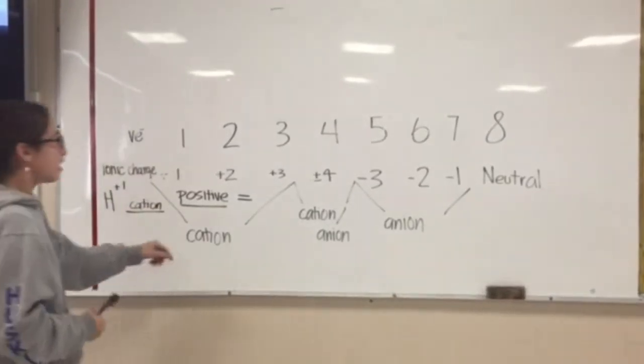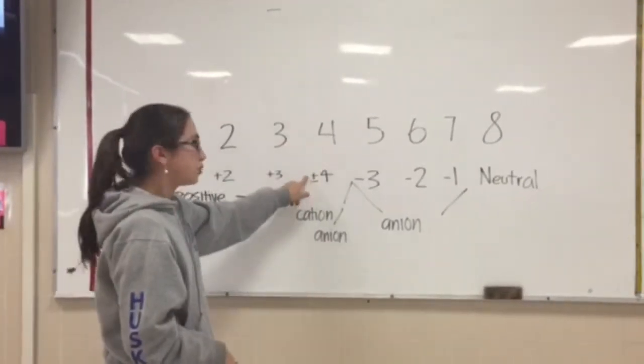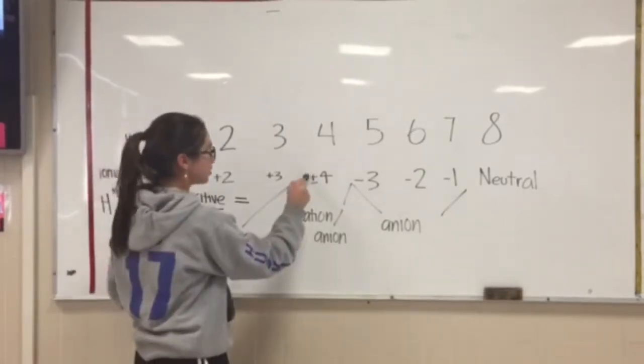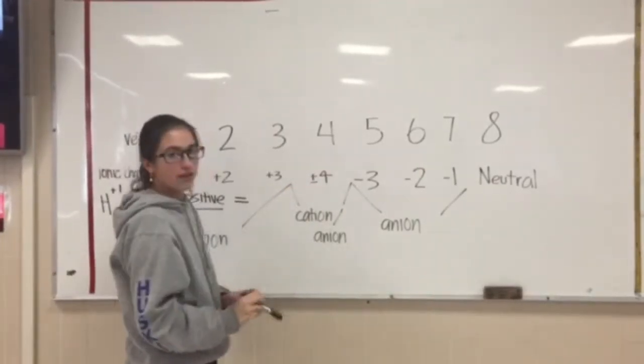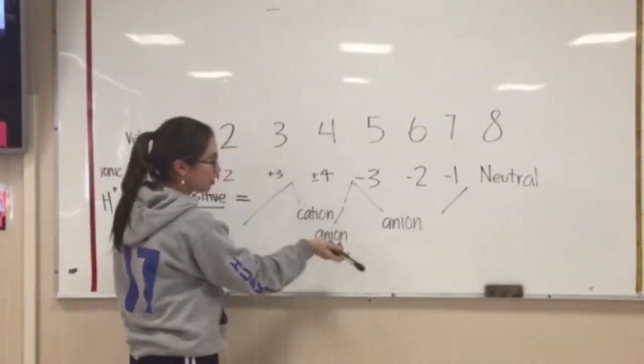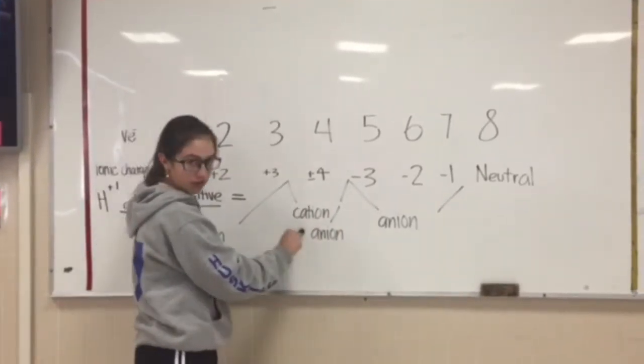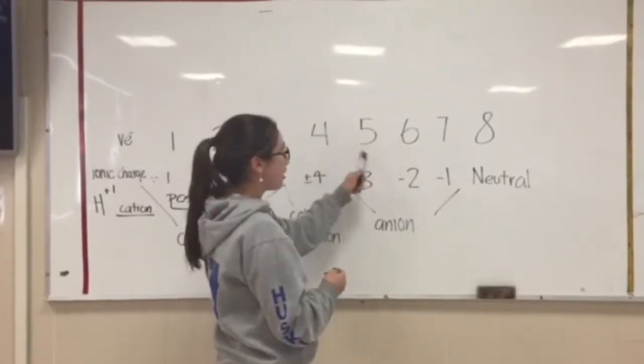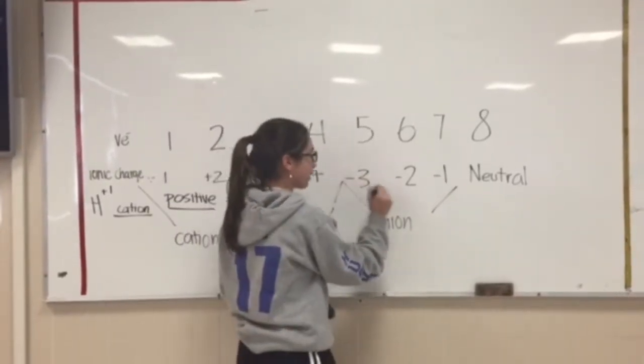That's your answer. If you have 4, this will be your ionic charge, plus or minus 4, and instead of writing cation, you will write cation/anion. Not just one, not just the other. Both of them.